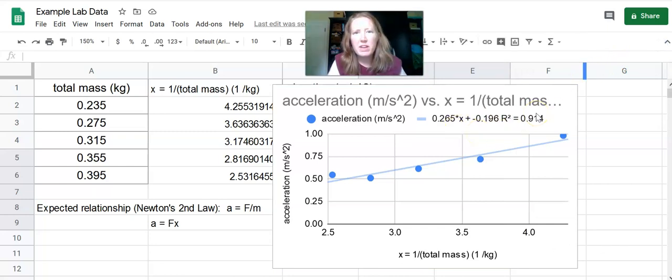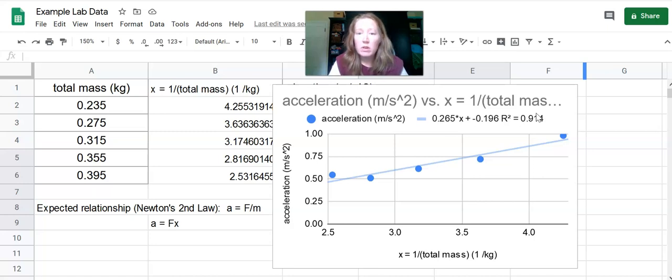The R-squared value is not great. I might decide that I don't like the first data point, but on the other hand, it's not that much worse than the others when I look at how that line fits.